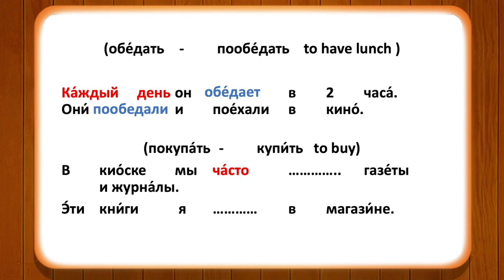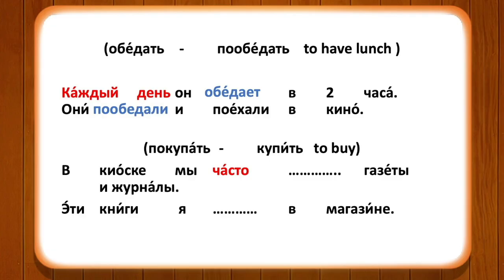В киоске мы часто газеты и журналы. Киоск is a stall. Газеты и журналы means newspapers and journals. So в киоске, at the stall, мы часто газеты и журналы. So we often buy newspapers and magazines at a stall.